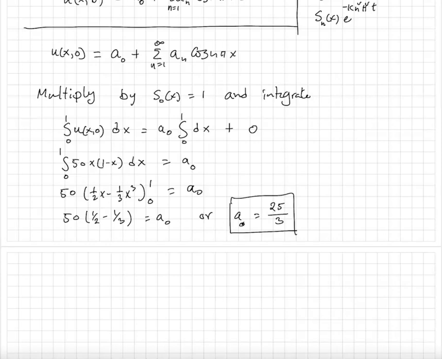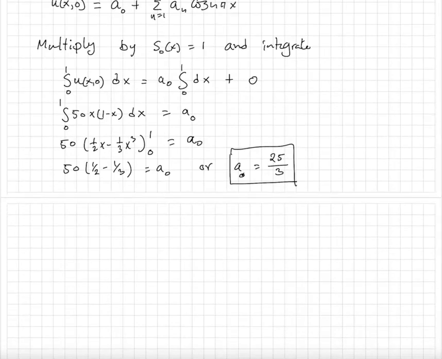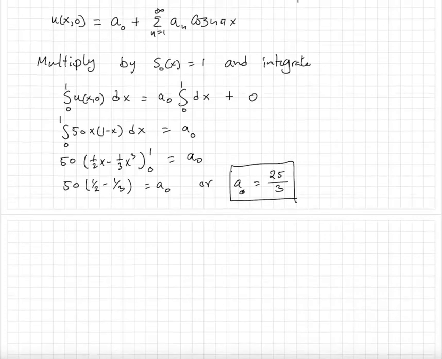And very similarly, you can find the other coefficients. For the other coefficients, you can think of multiplying now by cos pi x, n equals 1, and integrate. Then you multiply by cos 2 pi x and integrate. Then multiply by cos 3 pi x and integrate.